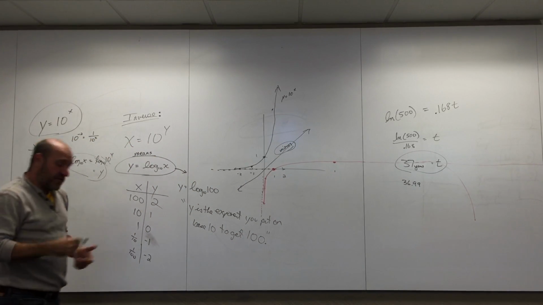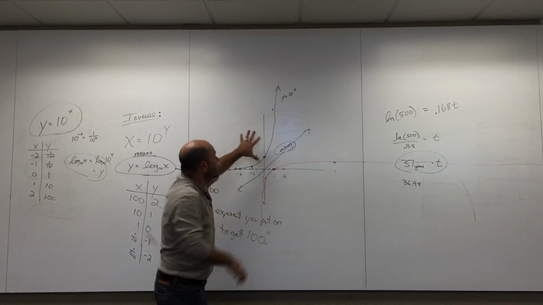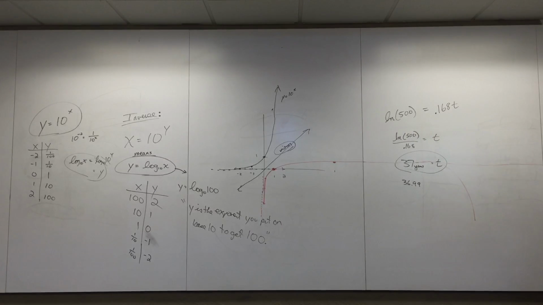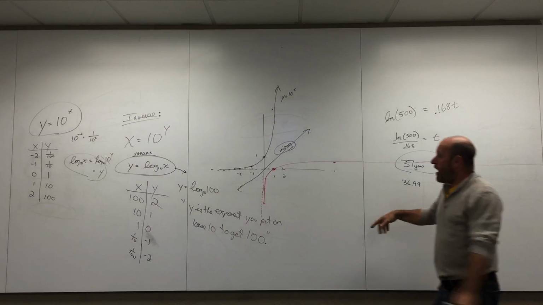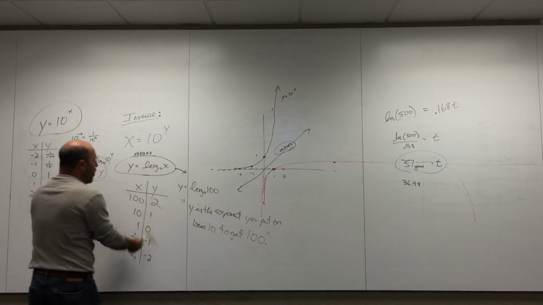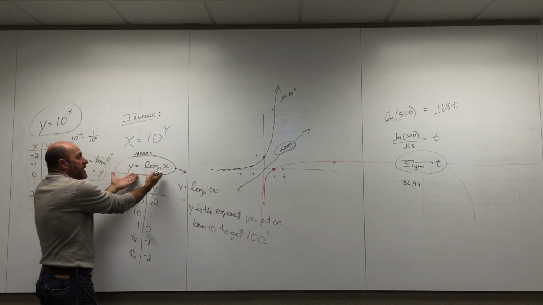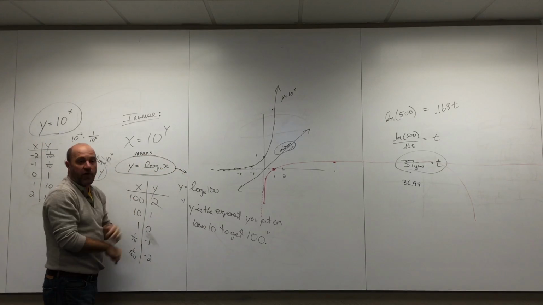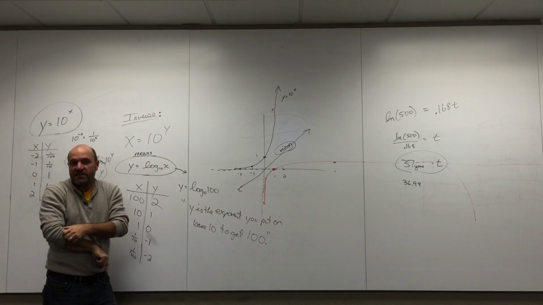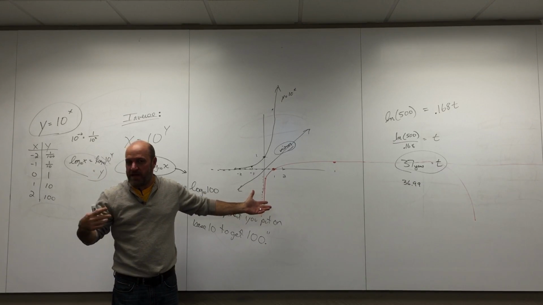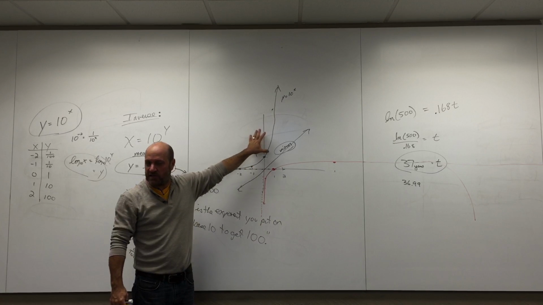Monday or Tuesday, I spent a lot of time graphing exponential functions. I think graphing exponential functions is important to me and to you. I just showed you a graph of a logarithm function. I plotted some points and tried to explain what it was. It's the inverse of this thing. There'll be a couple graph questions about logarithms, but it's not nearly as important to me as the graphs of the exponential functions.